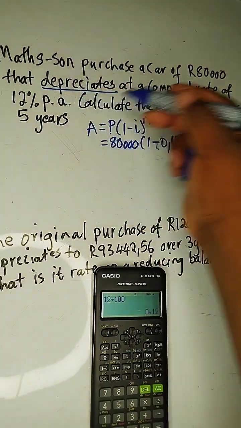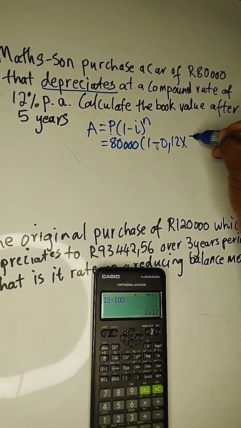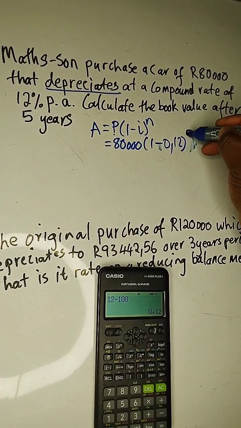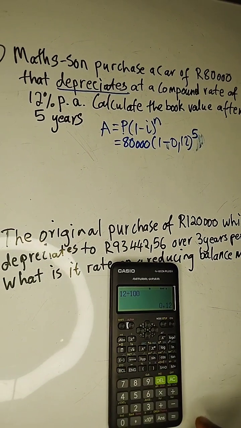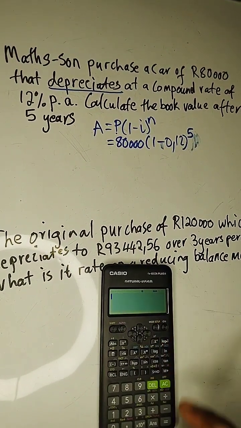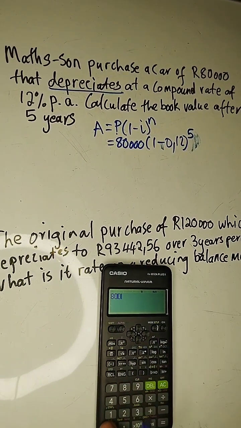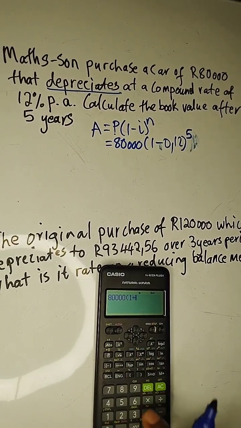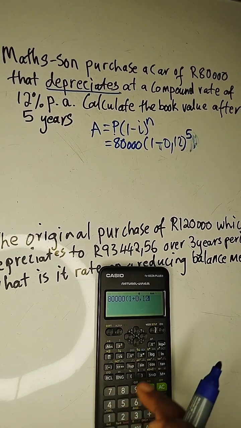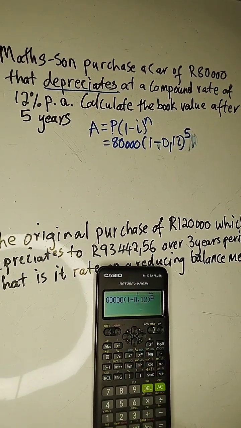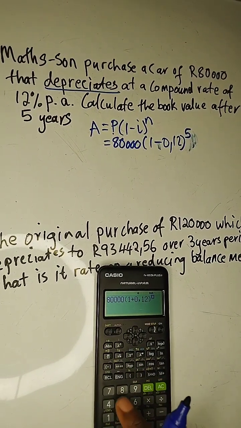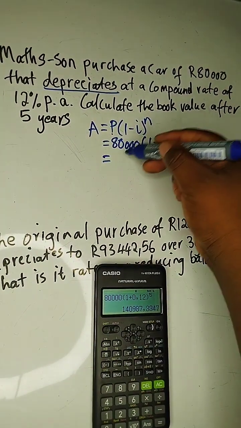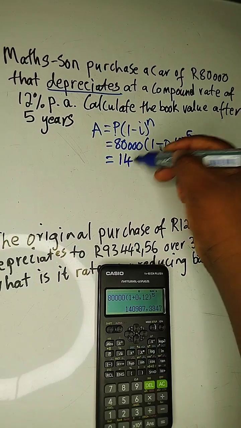We have an exponent of 5, since it is 5 years. Then let's punch it in our calculator. We have 80,000 into 1 plus 0.12 close bracket, exponent 5 years.